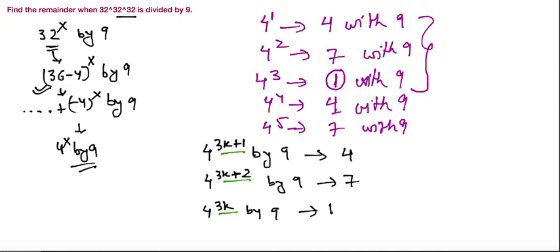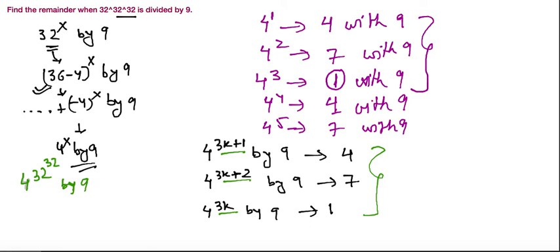It has to fall within one of these three categories, which basically means if I use this generalization and come back to the problem at hand, the problem at hand was 4 to the power x by 9. Now remember, this x is nothing but 32 to the power 32. So 4 to the power 32 to the power 32 by 9.